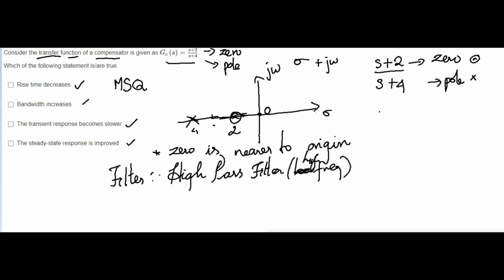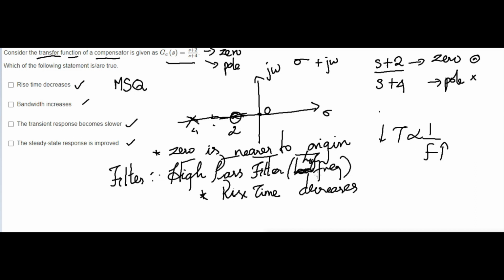So if the zero is very near to the origin, you have some of the main options. Rise time decreases, because already higher frequency is going on. Time is inversely proportional to frequency, so if the time decreases, the frequency increases.